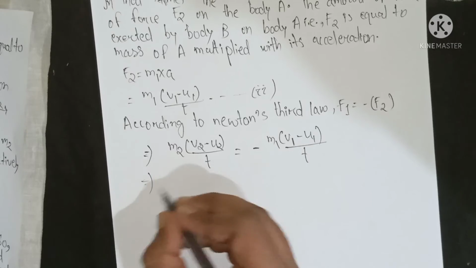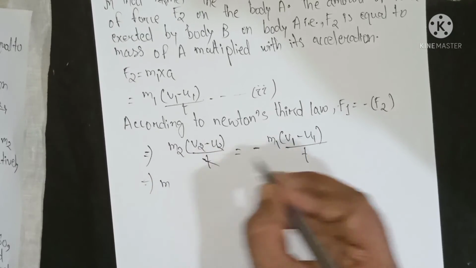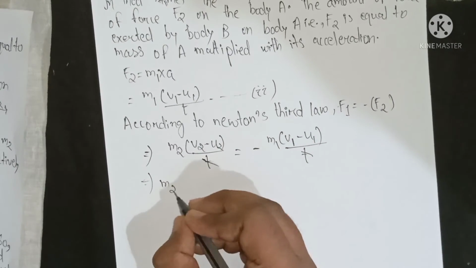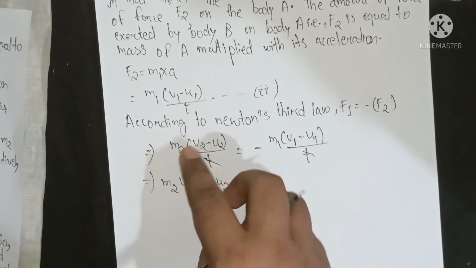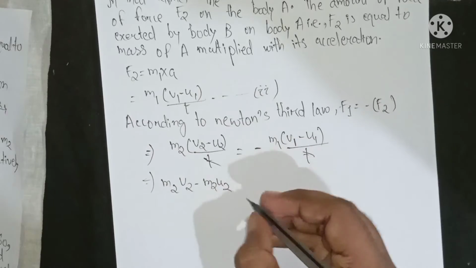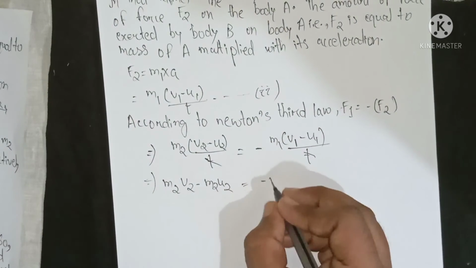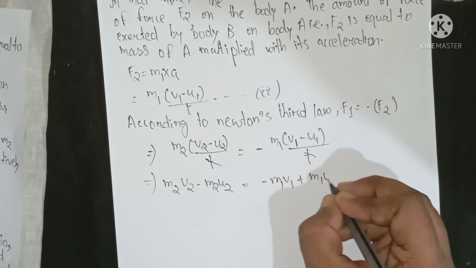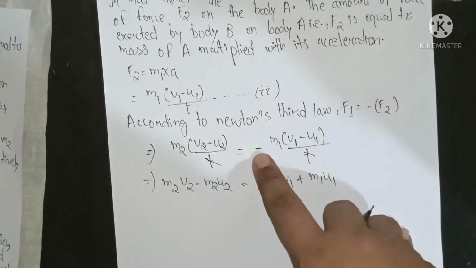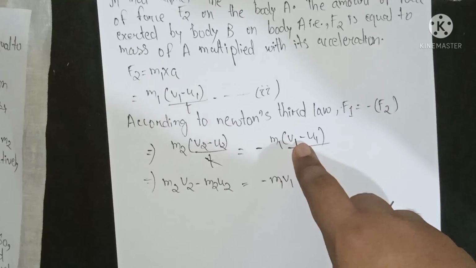Okay, so implies here t cancels out. m2 v2 minus m2 u2, m2 is multiplied by both of the velocities, is equal to minus m1 v1 plus m1 u1. Why? Negative multiplied by negative is converted into positive. That's simple mathematics.